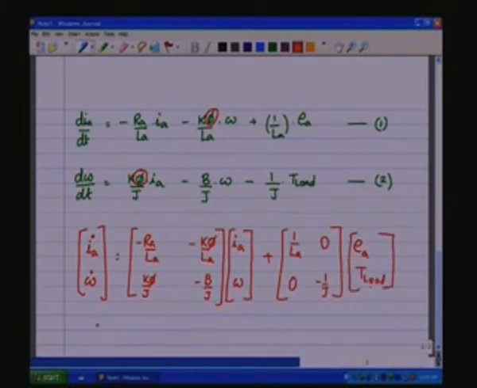So, this is of the form x dot equals A x plus B u, the standard form.